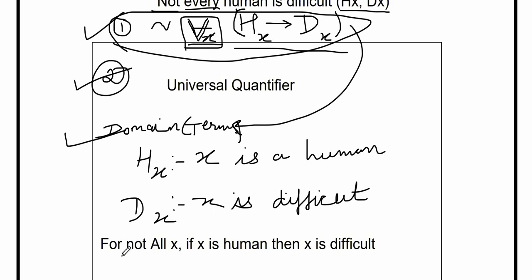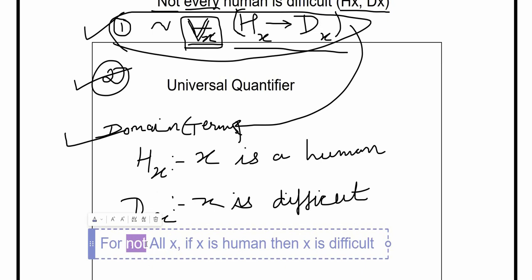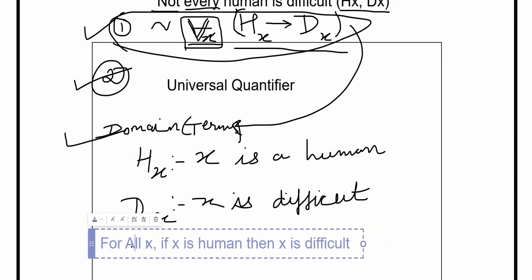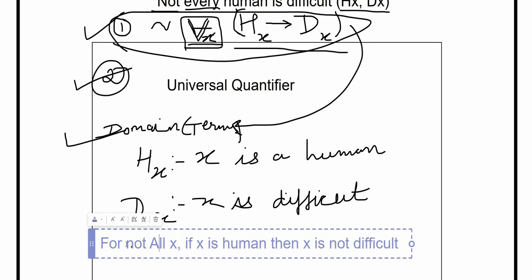Or we can just write like this. Another way of writing this is: for all x, if x is a human, then x is not difficult. I would prefer the first one because this is how it exactly goes.